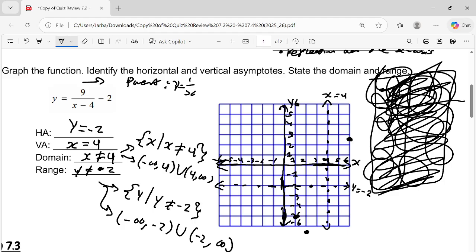And let's try 0. So that'd be 9 over -4, so negative 2.25. So that'd be negative 4.25. Alright.